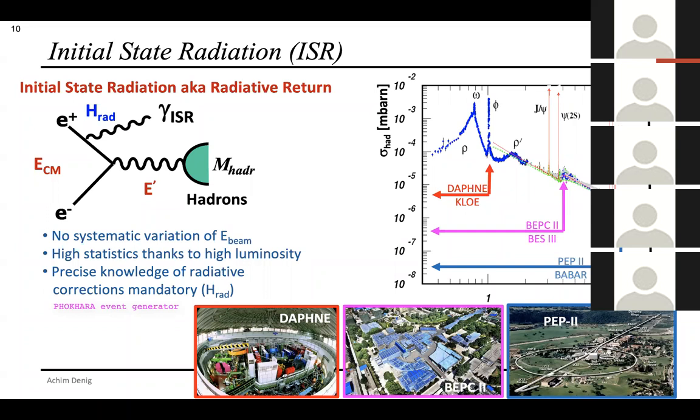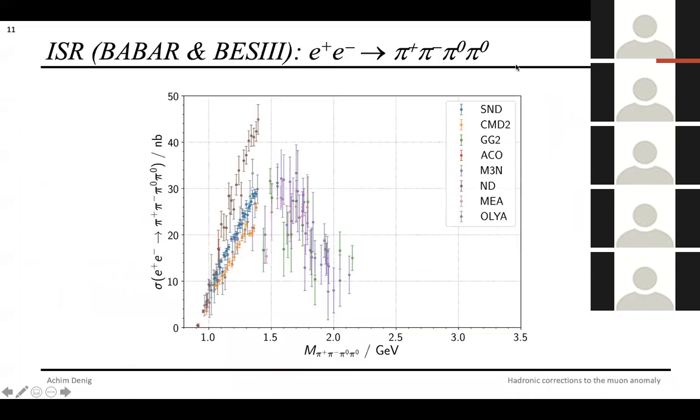I would like to show you one propaganda plot which shows how nicely this method works. This is, for instance, the 4-pion channel, plus or minus 2 pions. This was the data prior to applying the initial state radiation technique: large uncertainties, normalization problems of various data sets, large error bars.